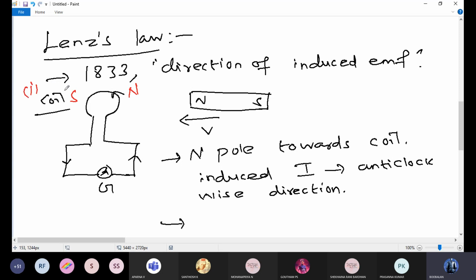Please note it. We go for the second one. Listen, the induced EMF depends upon the motion of the bar magnet.